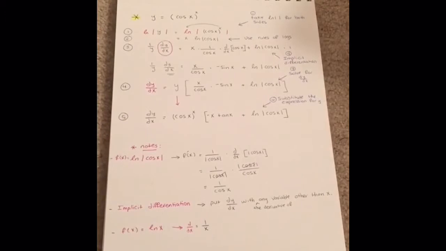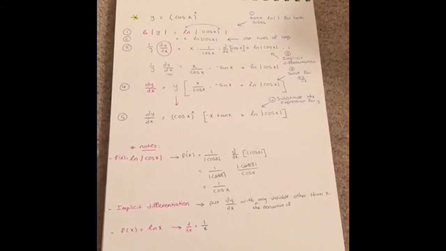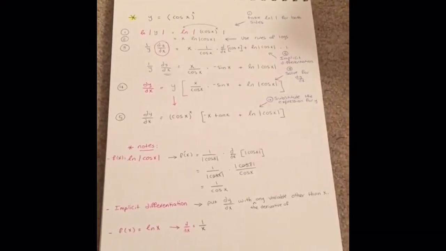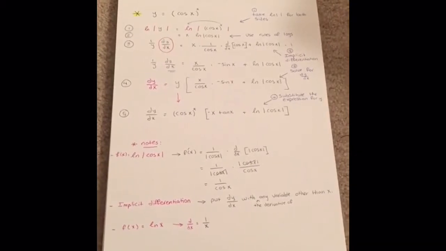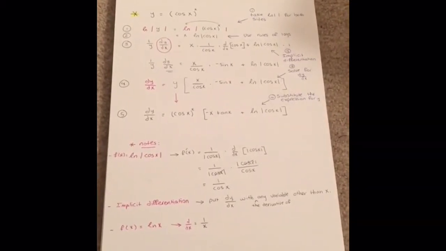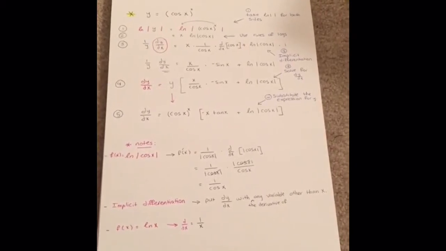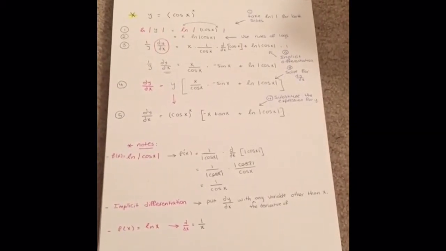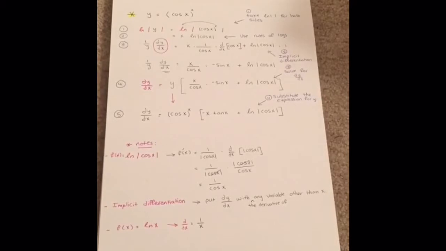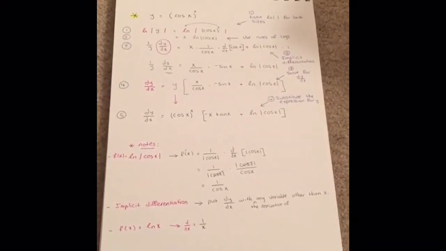The third step is to find the derivative, and in this case we will use implicit differentiation because we have two different variables, x and y, and so we will put dy dx beside any y or beside any variable that is other than x.